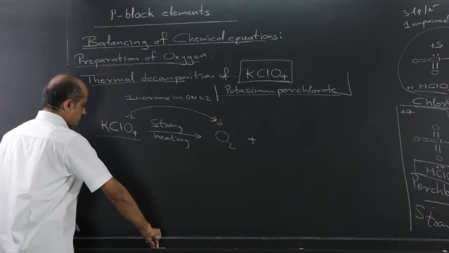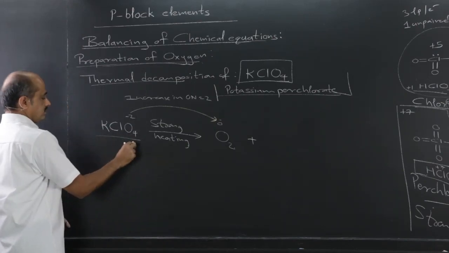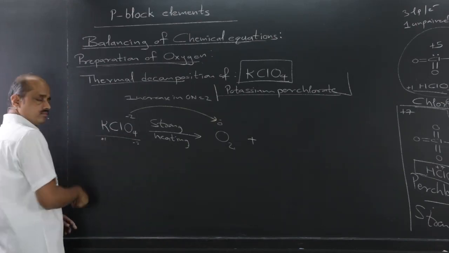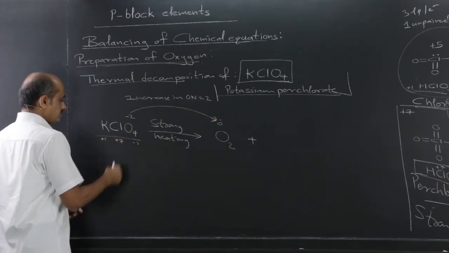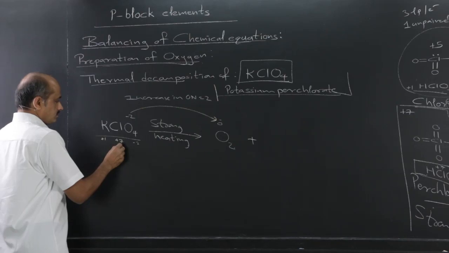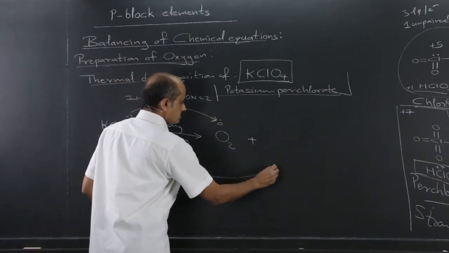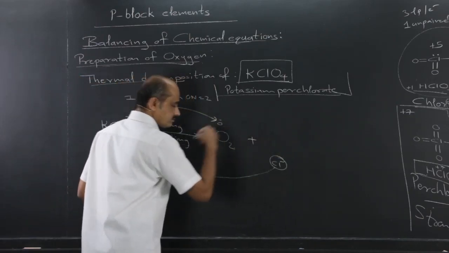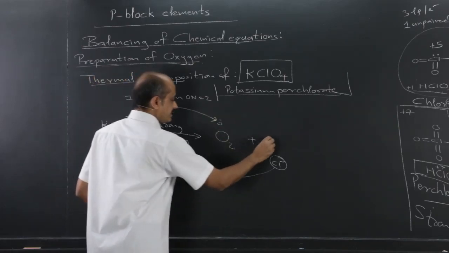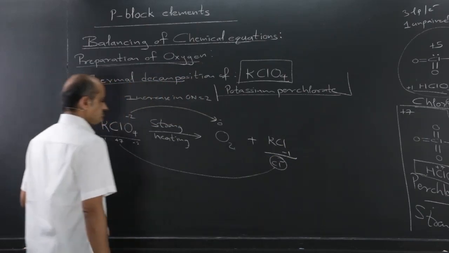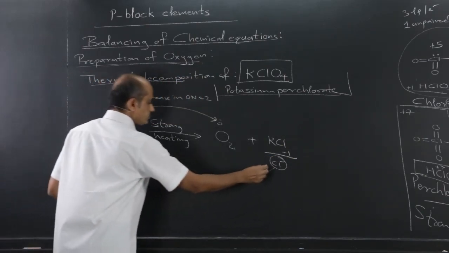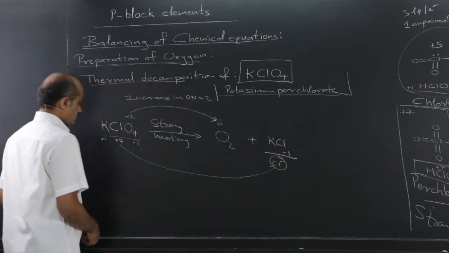and the oxidation number of chlorine, with minus 2 on oxygen and plus 1 on potassium, as we just considered, is plus 7. Plus 7 changes to chlorine minus 1, meaning the byproduct is KCl, where the oxidation number of chlorine is minus 1.